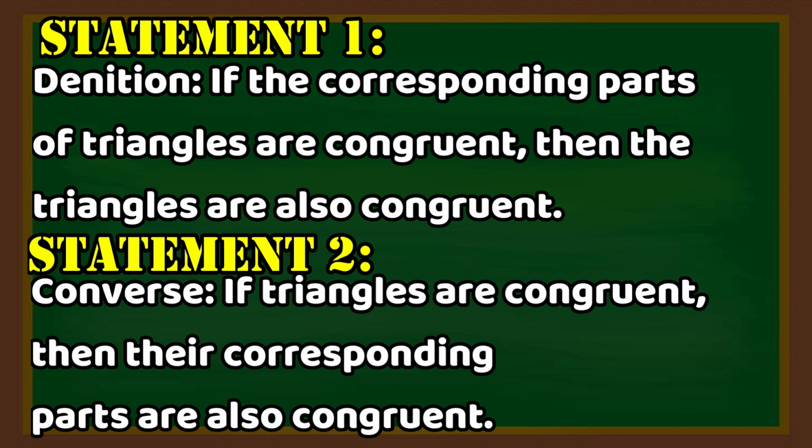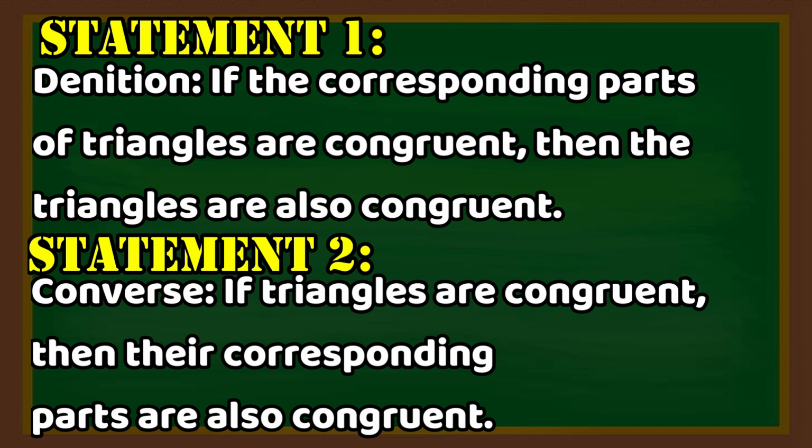Statement number 2. If triangles are congruent, then their corresponding parts are also congruent. Statement number 2 is the converse of statement number 1. And these two statements are both true. That means it is biconditional. And that's what it meant in if and only if.